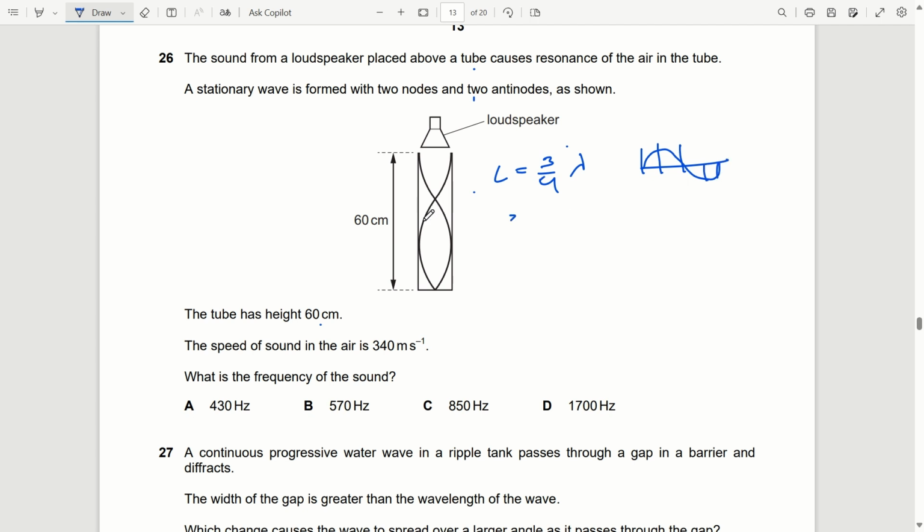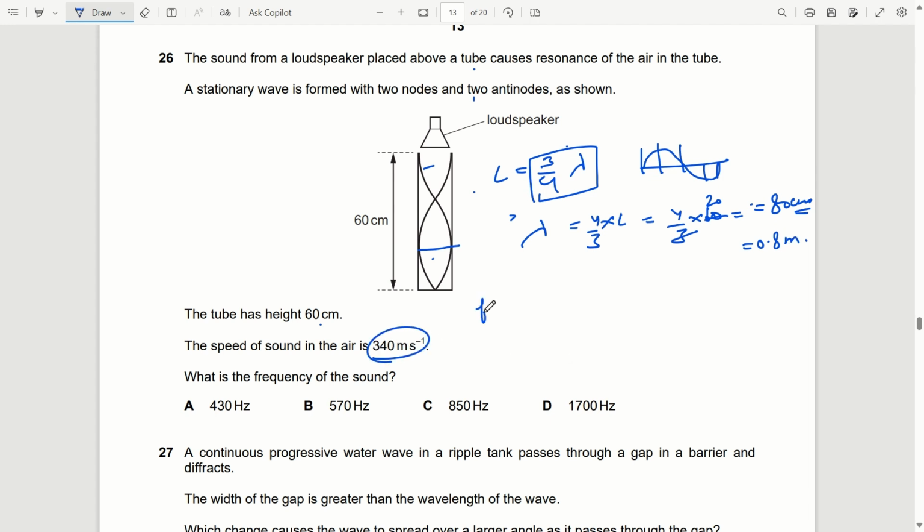Now see how many parts are there. 1, 2, and 3 mean 3/4 of the wavelength is present in this length L. So lambda will be 4 by 3 into L, that is 4 by 3 into 60, which comes out to be 80 centimeter, or 0.8 meter.